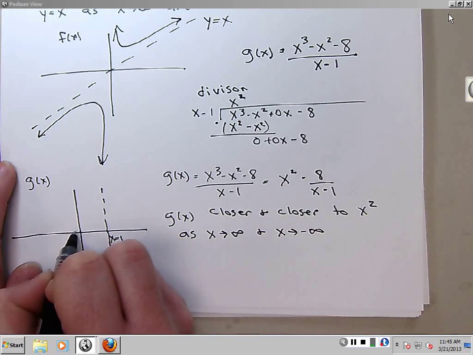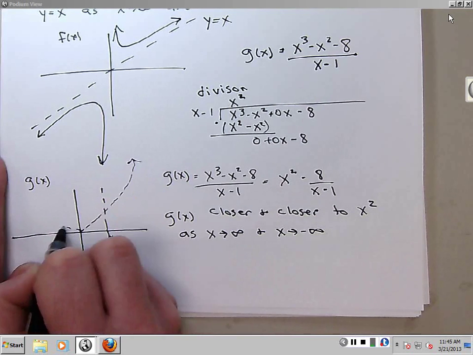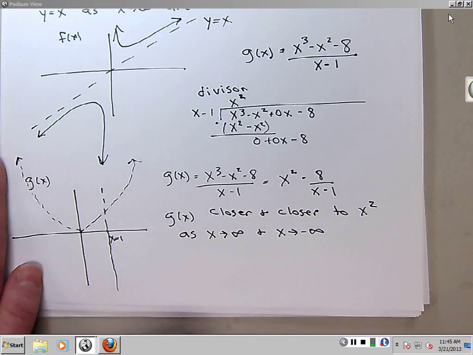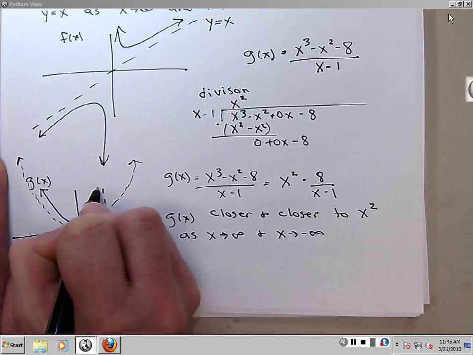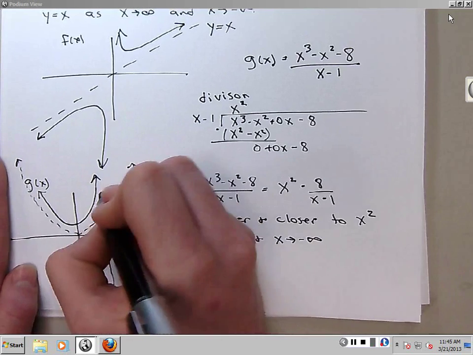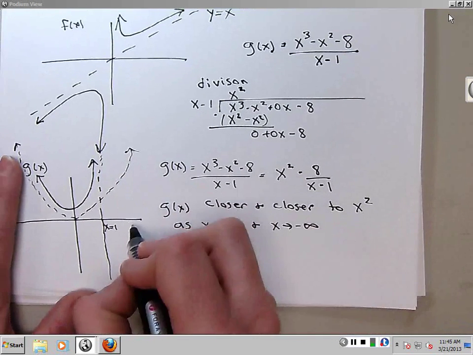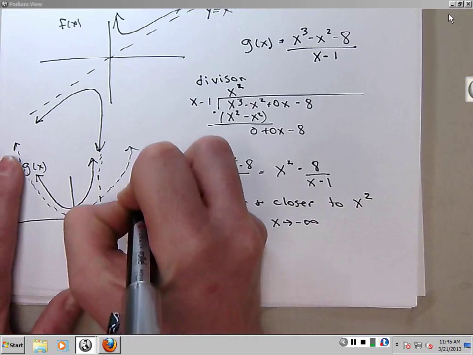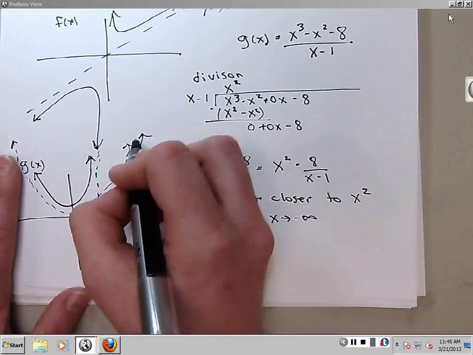I have this quadratic asymptote. So the graph of this function looks like this, where it never crosses this x equals 1. But on this side of x equals 1, it's going to come down here. But the graph is going to have to flip around at some point and approach, this is going off, right?